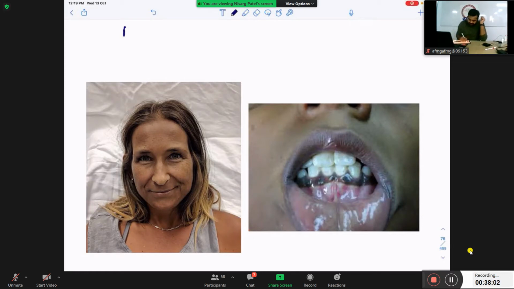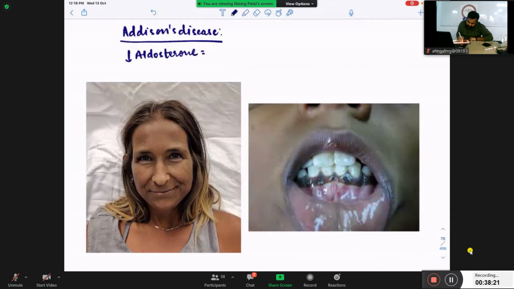Along with this, in Addison's disease, they will give you a clinical picture or a description like this, that the patient is having hyperpigmentation along with low aldosterone. What will be the symptom of the patient? The patient will have decreased blood pressure.